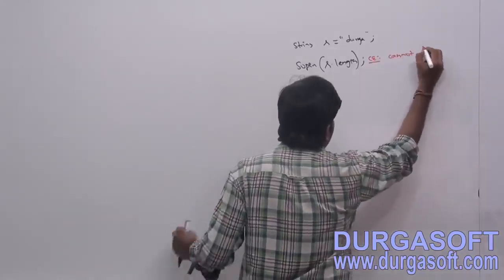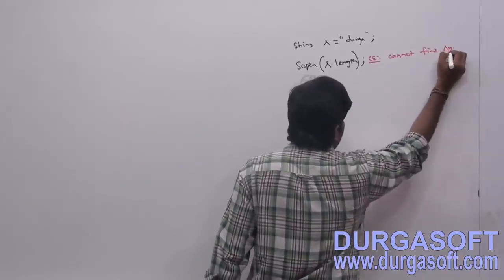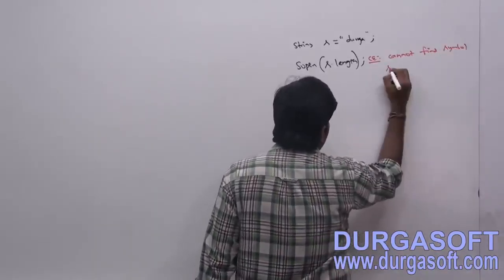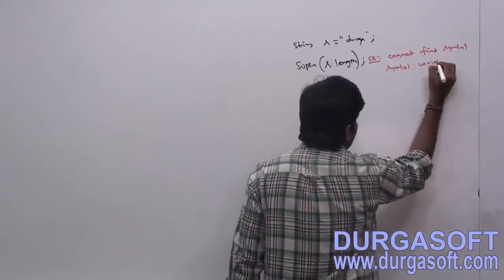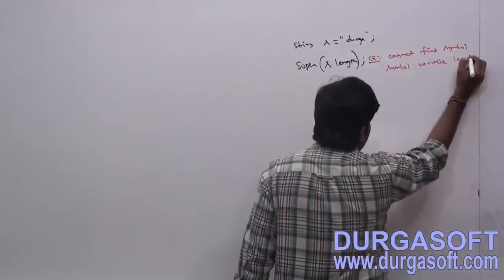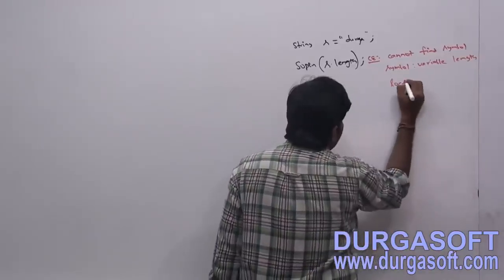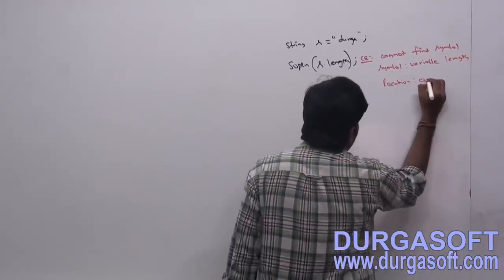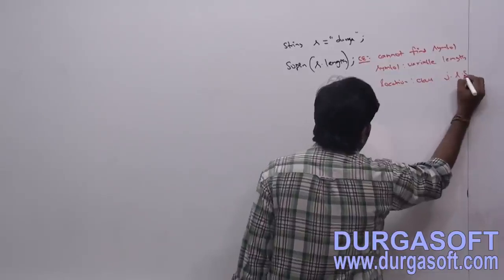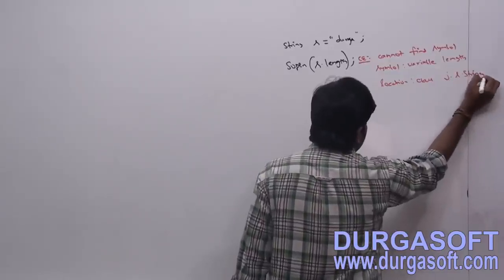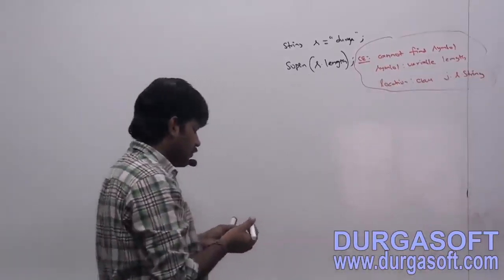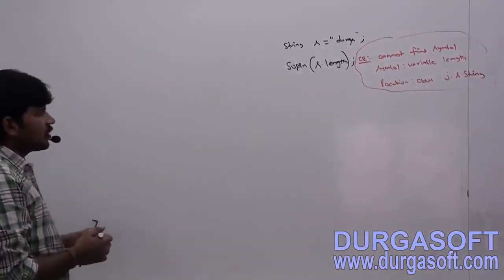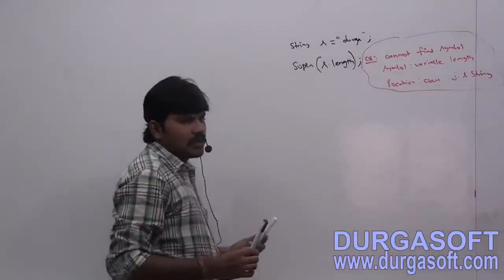Cannot find symbol. Which symbol? The variable length. In which location? Class java.lang.String. In the String class, a length method is available, but the length variable is not available, right?